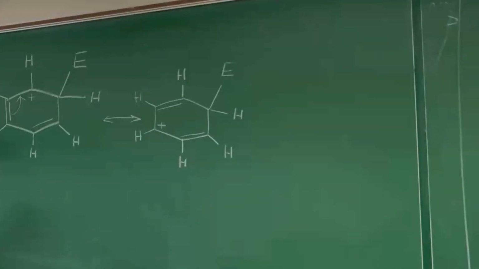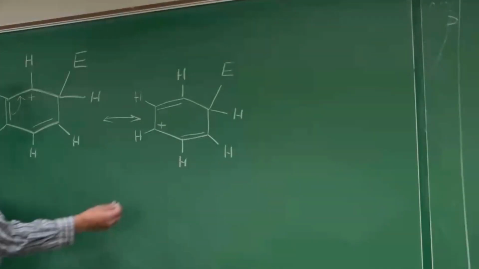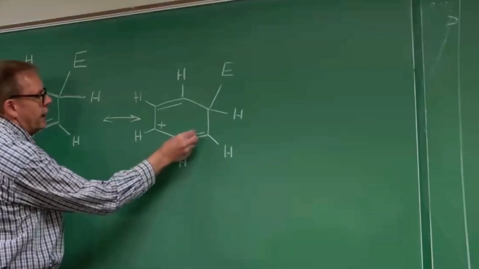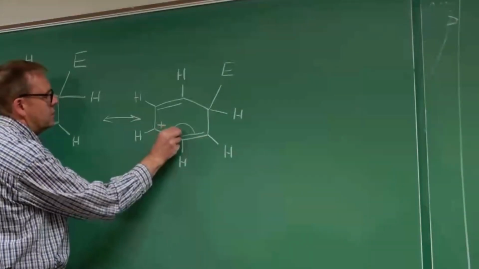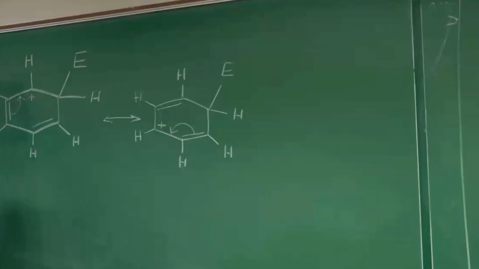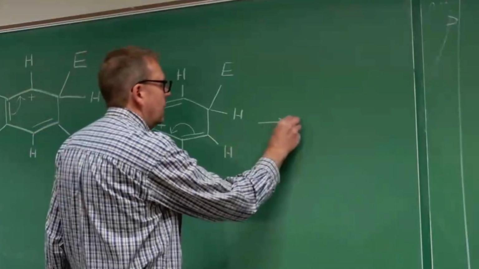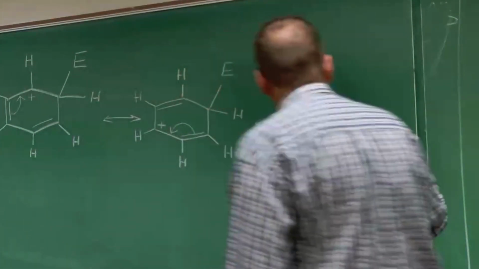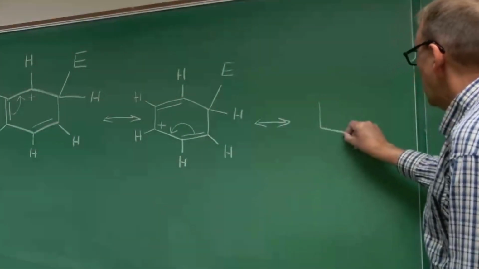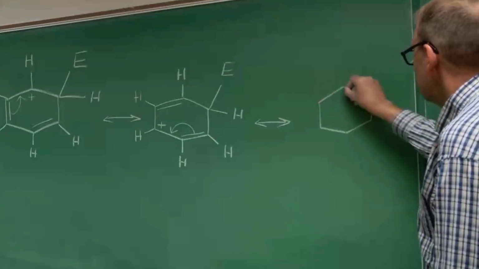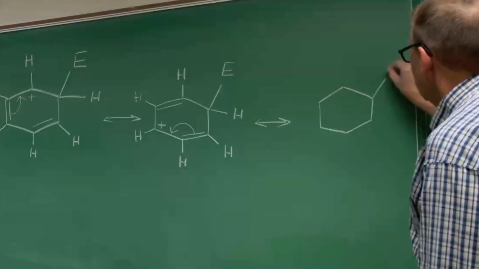I can draw yet another resonance structure where if I just push the positive charge further along the ring, I take this other double bond and push those electrons over that way. I can make a structure here, a resonance structure, where the positive charge is delocalized onto yet another position.